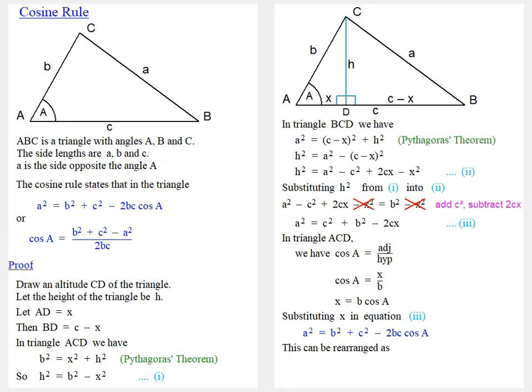Now that can be rearranged fairly easily to give cos A equals b squared plus c squared minus a squared all over 2bc.